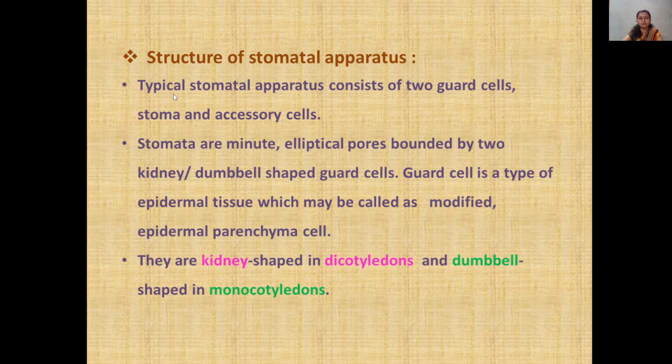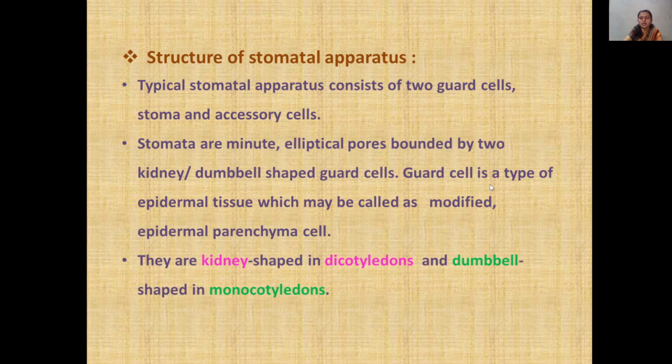First point, a typical stomatal apparatus consists of two guard cells, stoma, and accessory cells. Second, the stomata are minute elliptical pores bounded by two kidney or dumbbell-shaped guard cells.